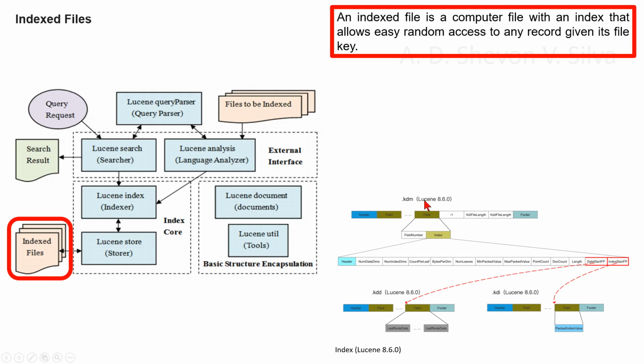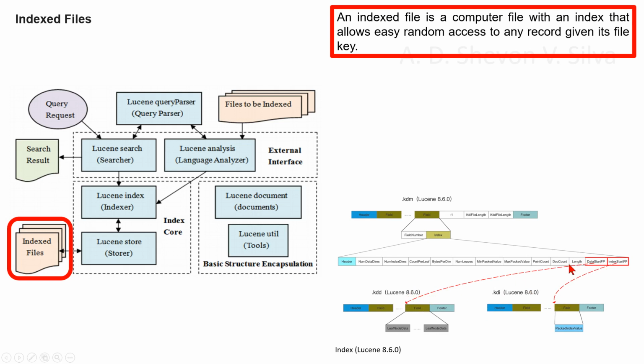Here you can see the .kdm, and it has header, fields and -1, .kdi file length, .kdd file length and footer. In the field you can see the field number and index here. Index consists of header, num data dims, num index dims, count per leaf, bytes per dim, num leaves, min packed value, max packed value, point count, doc count, length, data start fp, which is connected to .kdd here, and here index start fp is connected to .kdi here.